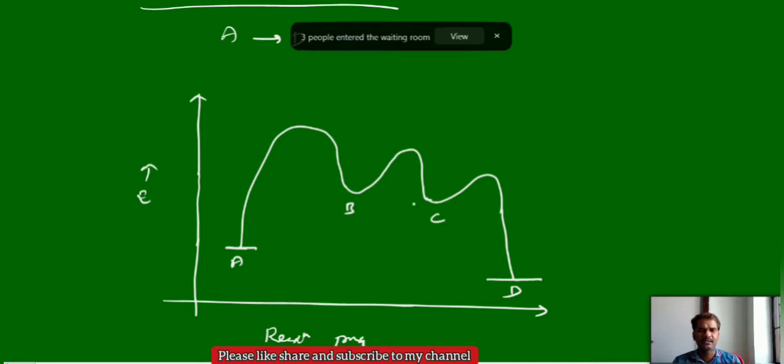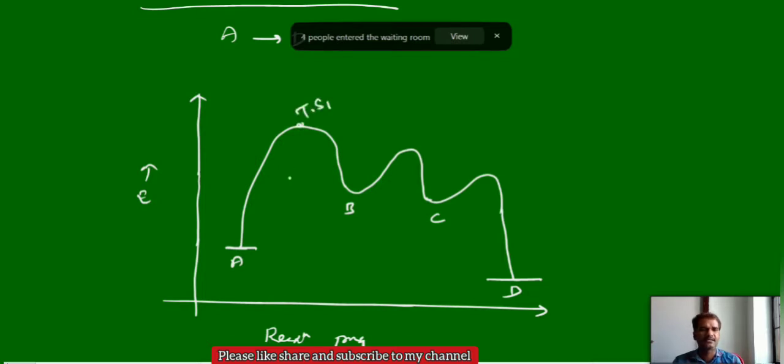Already we have discussed, at the time of organic, single step reactions, multi-step reactions, concerted reactions, non-concerted reactions, SN1 and SN2 reactions. SN1 is multi-step, SN2 is a single step reaction. Those things we have already covered. And this state we can call the transition state, the first transition state.